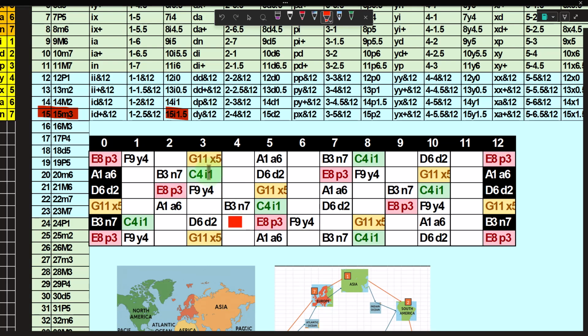The local area would be a distance of 15 minus 12, would be 5 minus 2 or 3 notes away. 1, 2, 3 lands me over here in the Dorian Ocean. So I would call that distance then an Ionian to a D plus or a P negative, right? And 12 if I'm going to this one. So I'd say it's an ID plus and 12, or a 1 to a D.5 and 12.